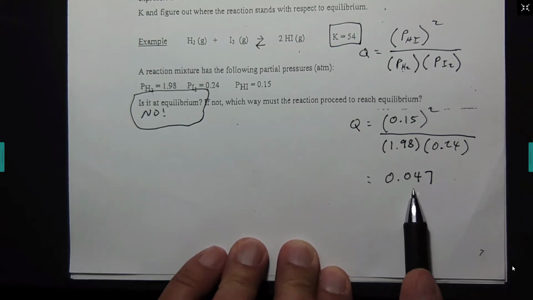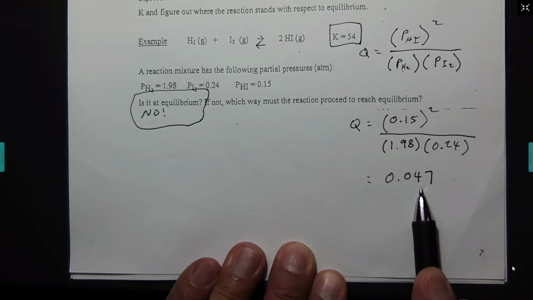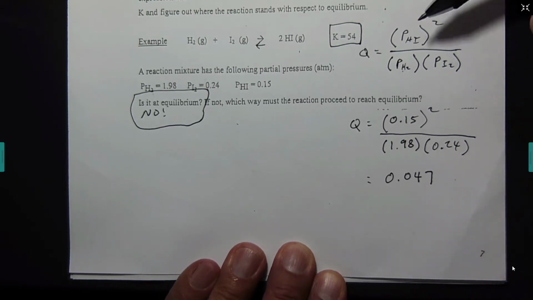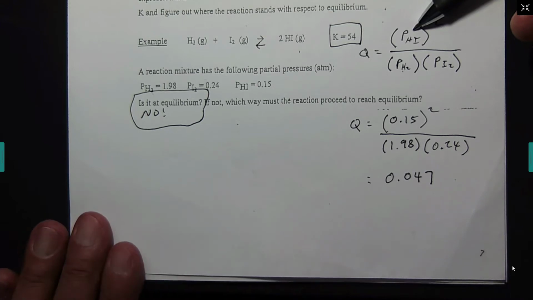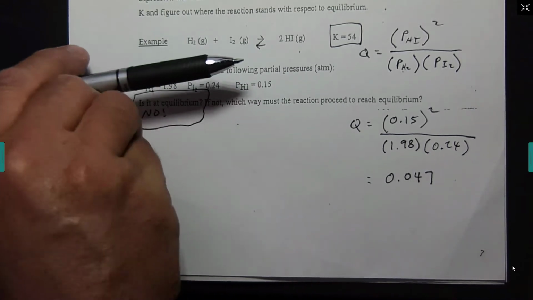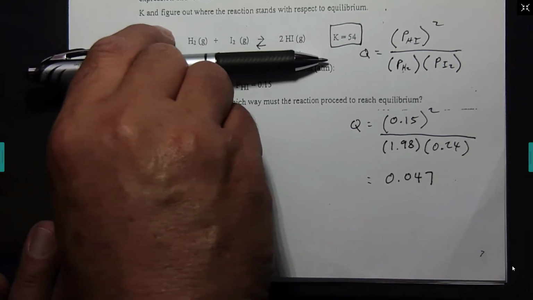So let's see, right now it's 0.047. Hey, this number wants to go up, right? How can I make that number bigger? If I make this term larger, so I make more HI, that's going to make that value go up. So in order to get to equilibrium, the reaction is going to proceed to the right.